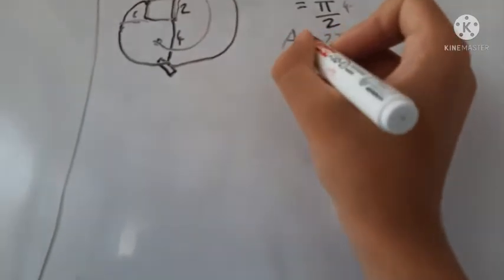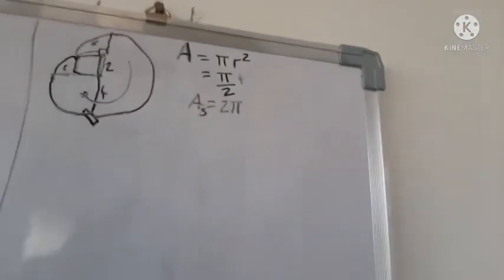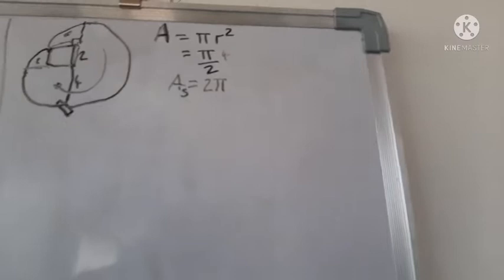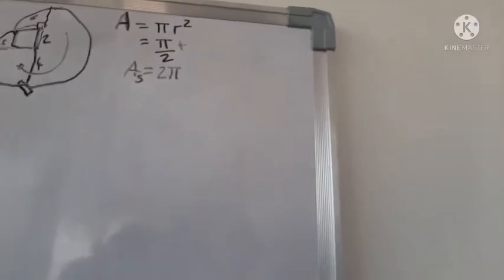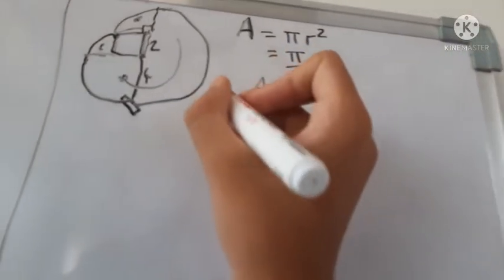That's for the smaller parts, and for the larger arc we have 3/4 of a circle, right?